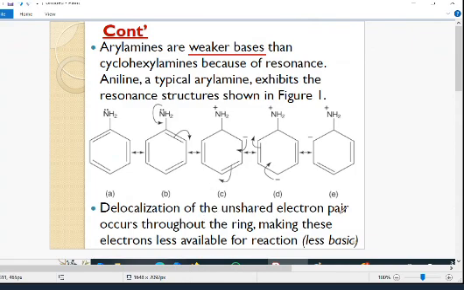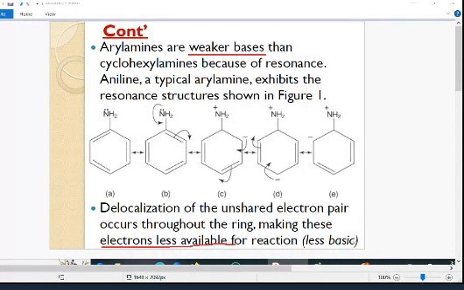So the delocalization of the unshared electron pair occurs through the ring, making these electrons unavailable. A very important point to note: unavailable for the reaction.